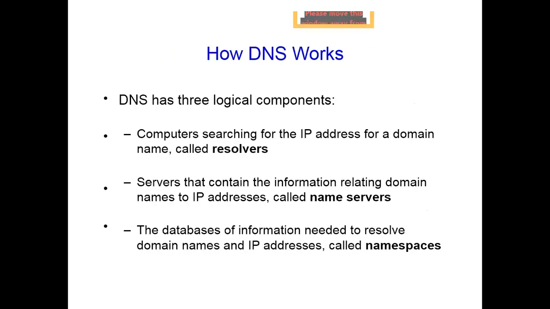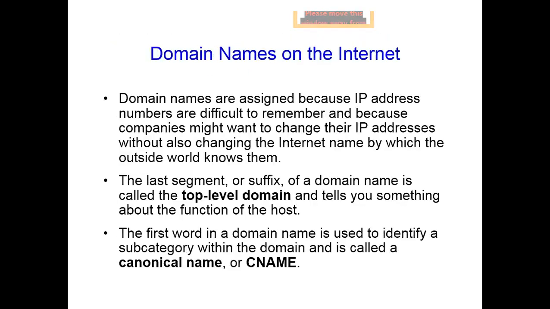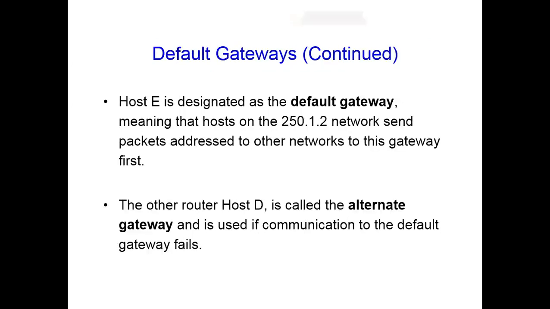Ano pa? Yung domain names on the internet, gateways, routers, bridges, hubs. So yan yung mga kung paano ba hinahati yung mga network. Dalawa yung paraan kung paano hatiin ang network: the subnetting and segmentation.